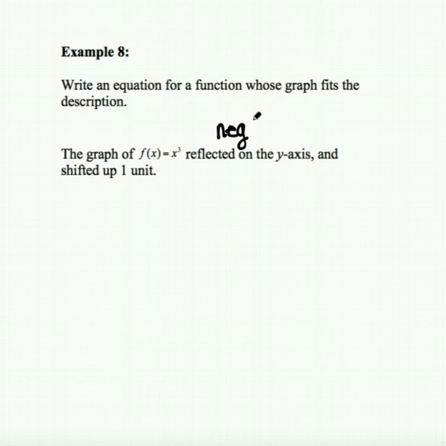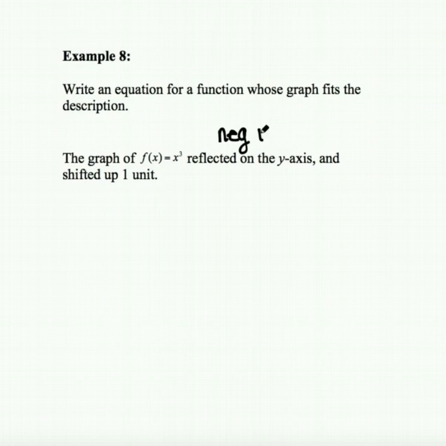That negative needs to be inside our parent function. And shifted up 1 unit, we know is going to be outside. And if we're going up, it's going to be a plus on the outside.